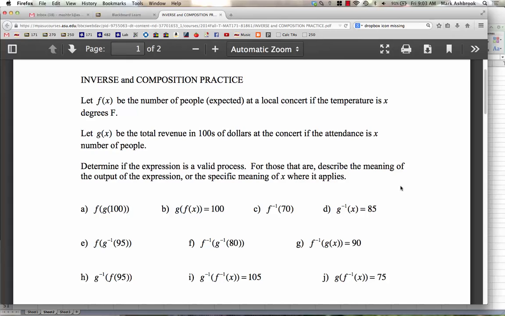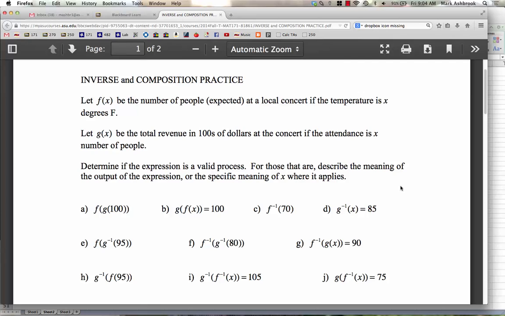All these symbols are function notation. To understand these four functions, we need to know what the input quantity is and what the output quantity is of those four functions.